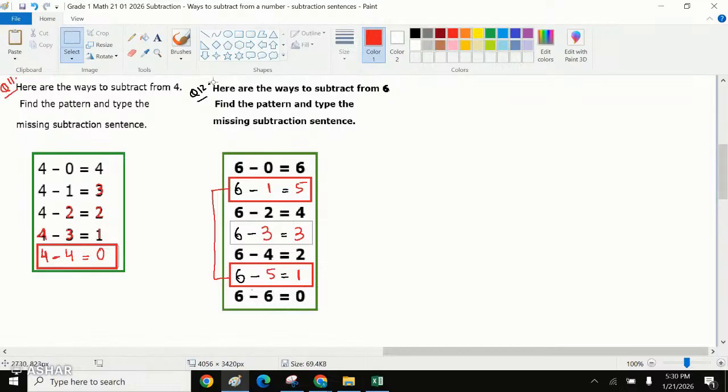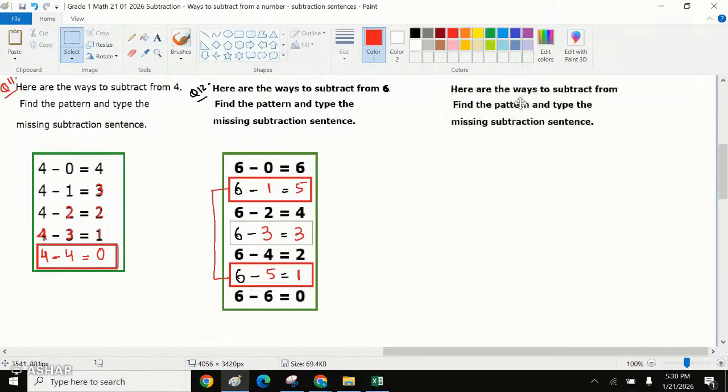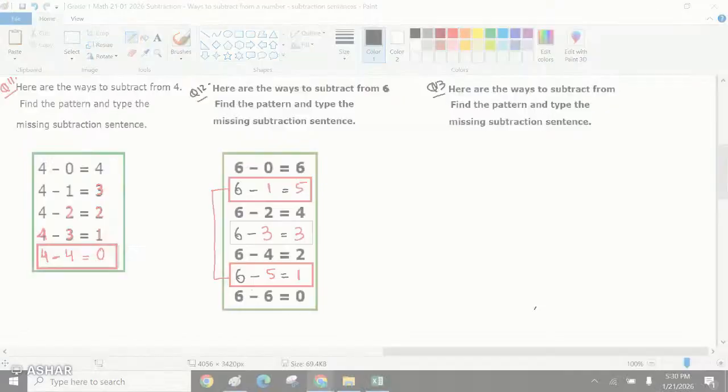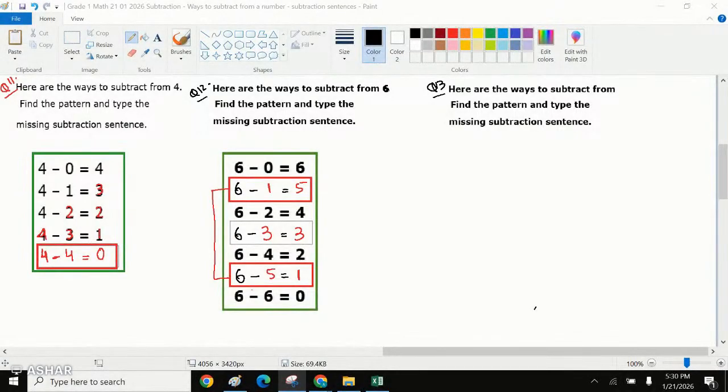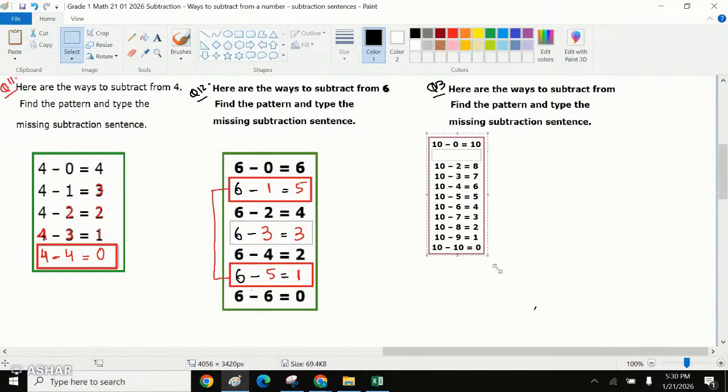Let's see what we have for the next question. This is our question number 13. And the statements given to us are subtract from 10. Okay, we'll do more than one statement from 10. I'll just copy this.